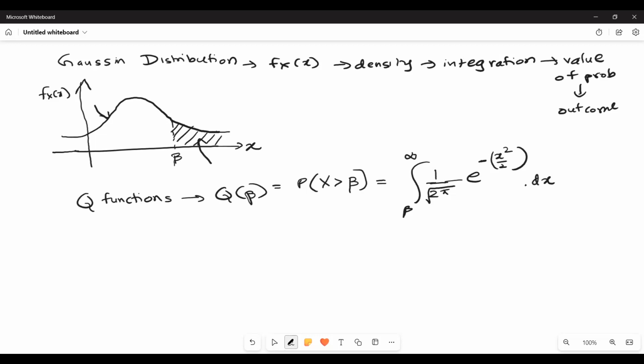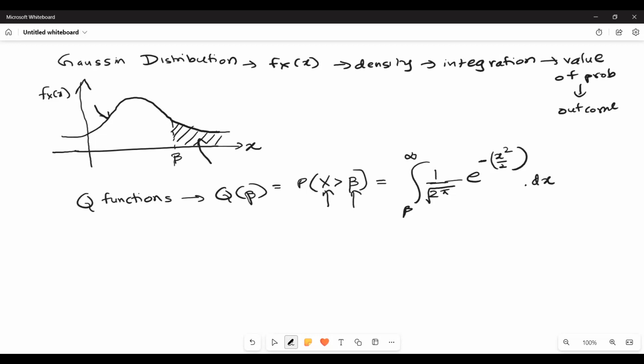So if I want to find the probability of any outcome being above a certain value beta, I can use this integration to find that value, right?